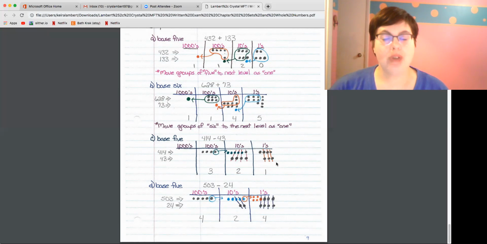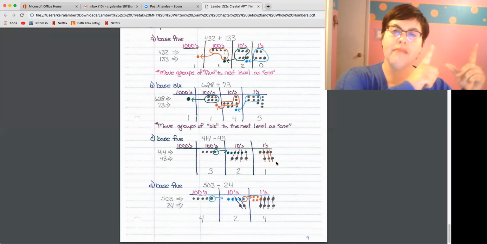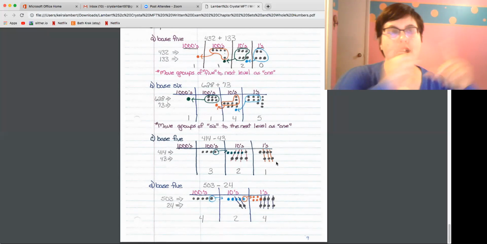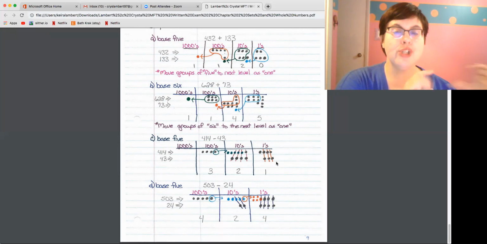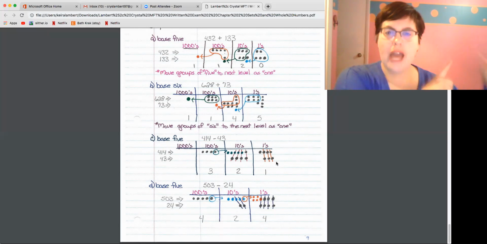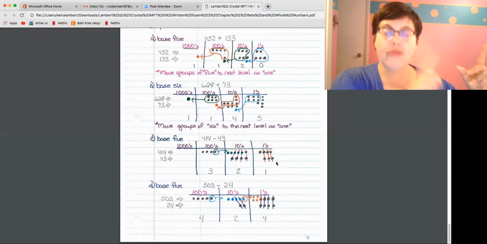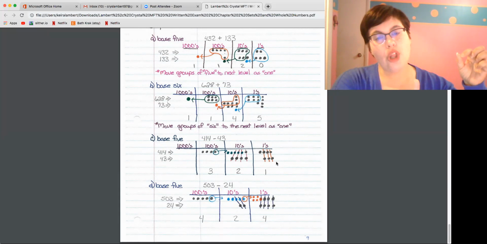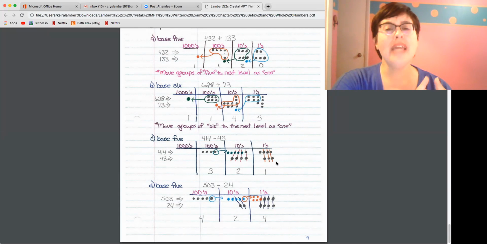When you start subtracting, anytime we have to borrow from the higher unit, we took a group of, in this case, 5, and we made 1 unit for the higher column. Well, think reverse. If we're taking this 1 unit and bringing it down to the lower column, then we have a group of 5.